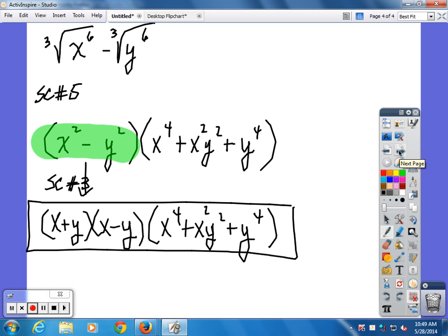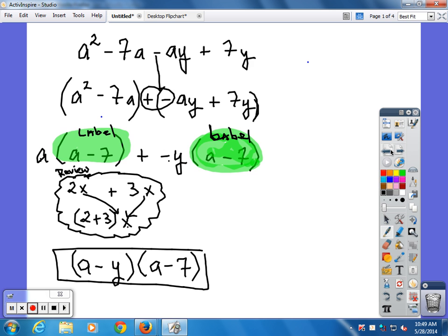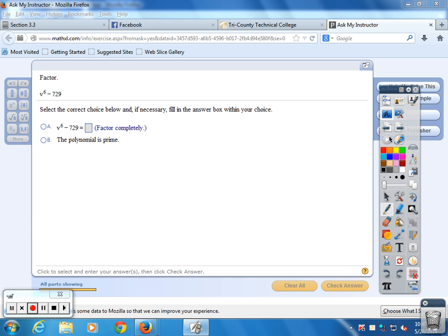Now, let's check the problem that we had before us, right here. We know that v to the 6 is a perfect square and a perfect cube, but what about 729? Let's check 729, because I know all of you have memorized your perfect cubes and perfect squares like I asked you to. But just check it.